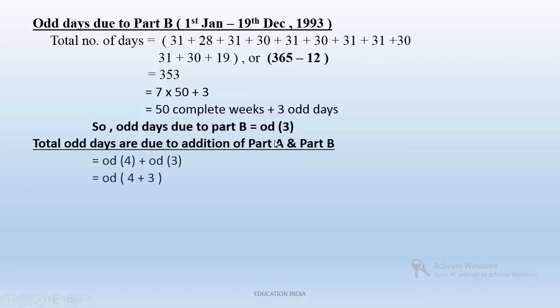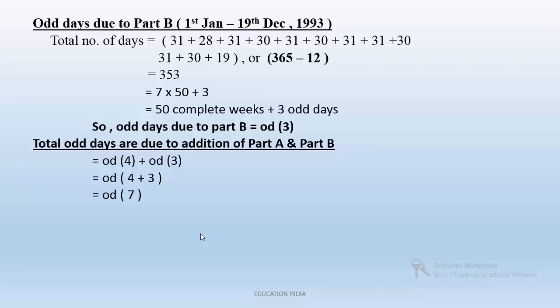Now we just have to add the total number of odd days for part A and part B. The total number of odd days is 4 plus 3, that's 7. But the codes that we have mentioned before are from 0 to 6. Thus, 7 has to be divided by 7 again, and the remainder will give us the final code.